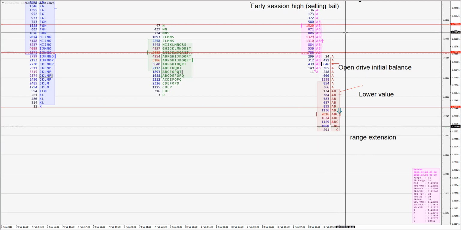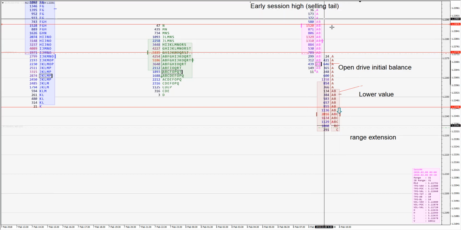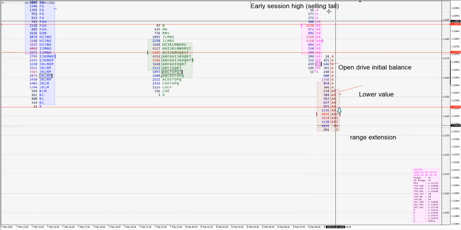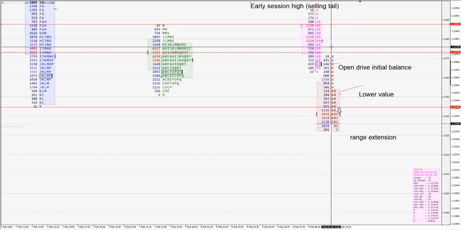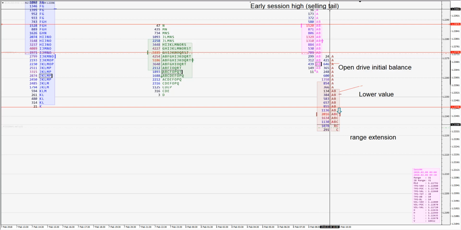How do we know? Because we got a selling tail, single prints from the top. This selling tail confirms the aggression from the sellers. Sellers came in basically from 1.2 to 195 on the euro versus US dollar.